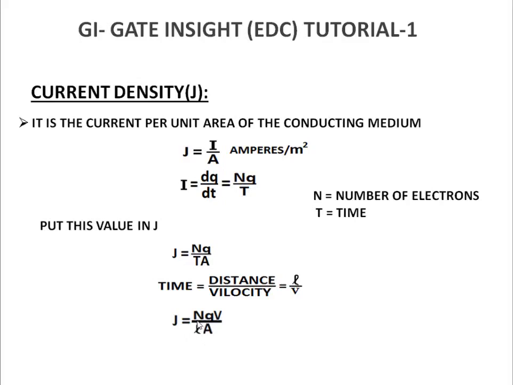Now one thing you need to remember here, if we multiply the number of electrons into the charge of electrons, we will get the charge density. And when you multiply an area with a length, you will get the volume. So we read this equation as J is equal to rho v divided by volume.